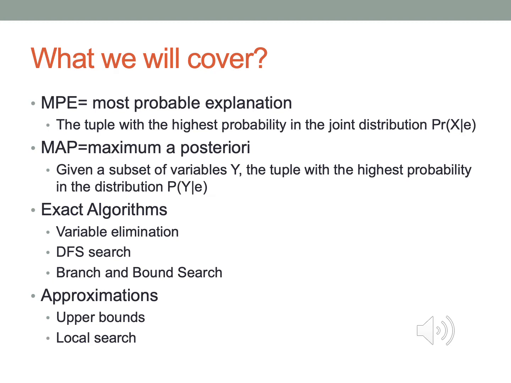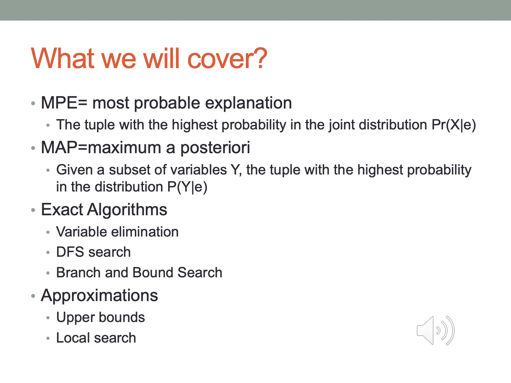We'll also look at the definition of MAP inference, or maximum-a-posteriori inference, and we'll see that MPE is a special case of MAP inference. The definition of MAP inference is as follows. You are given a subset of variables Y in the graphical model, and you are asked to find an assignment of values to this subset of variables such that the probability is maximized.